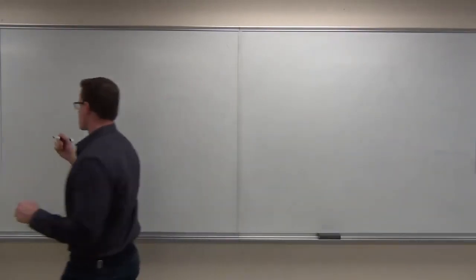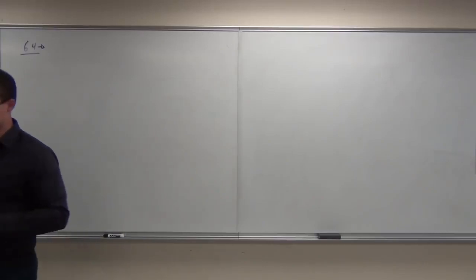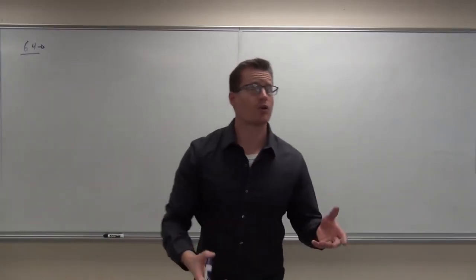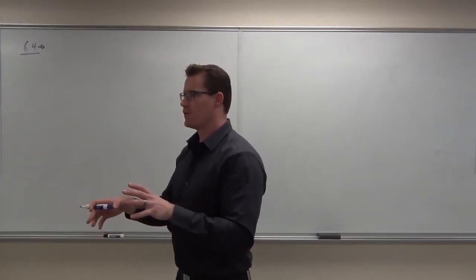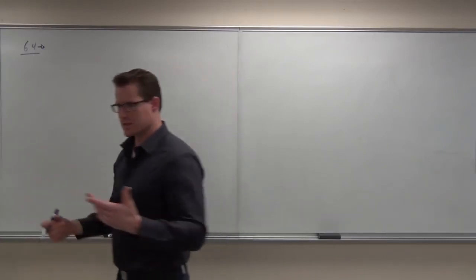So when we start section 6.4, we're going to discuss general exponential functions and general logarithmic functions. Instead of just dealing with e to the x and ln x, we're going to have any base to the x and a logarithm of any base besides e.